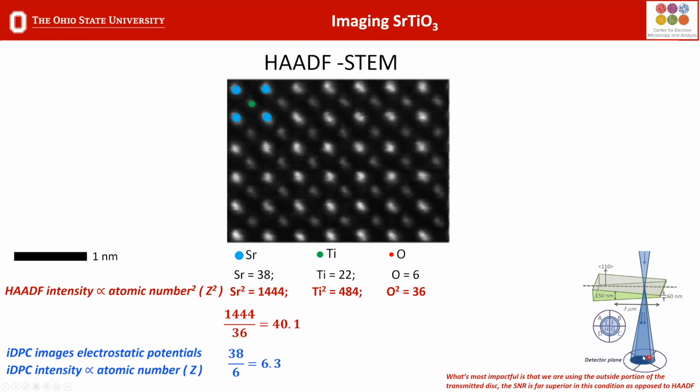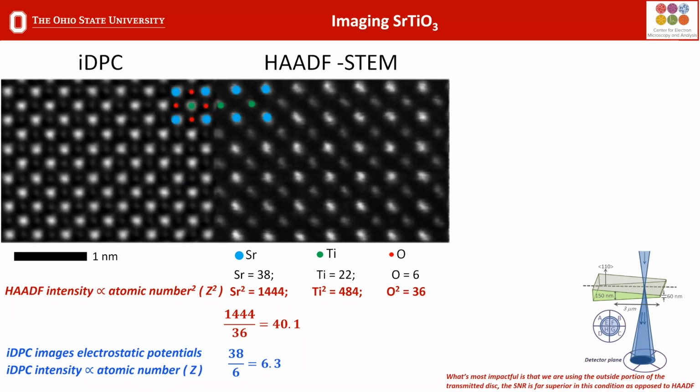They just pass through. And so in that fashion, we have a much, much, much larger signal that hits the detector. So what that does is increase our signal to noise on the detector significantly and gives us a much greater ability to see the oxygen atoms as opposed to ones that would have been scattered out to high angles using HAADF. And so what that allows us to do now, if we look at an iDPC image of this, is now we have the same structure, blue and green, so strontium and titanium, but in the diamond formation around it, we have our oxygen atoms.